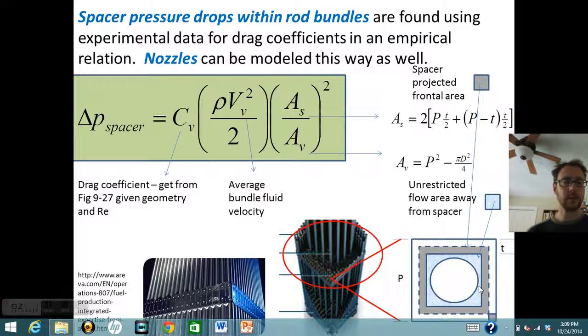I've got some space next to the fuel pin where the fluid can flow, and then I've got the spacer itself, which is the metal piece between the fuel pins, taking up some of that space that was available before for flow. So these are the equations to calculate the different areas, the areas as it flows between the fuel rods and the areas as it flows through the spacer, as shown right here.